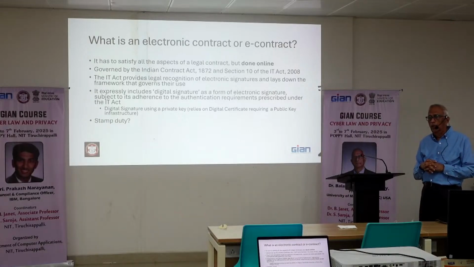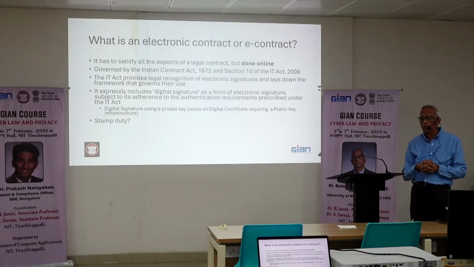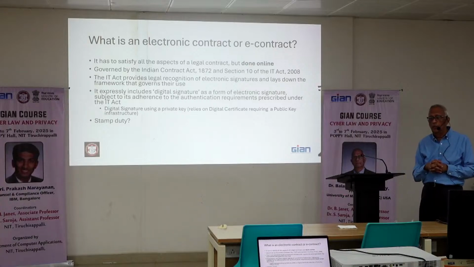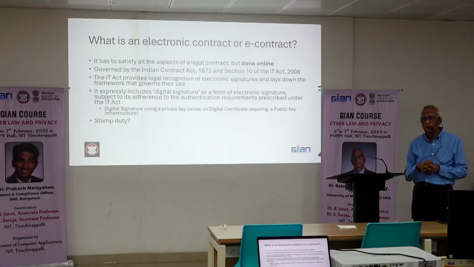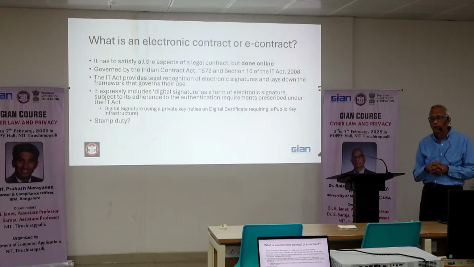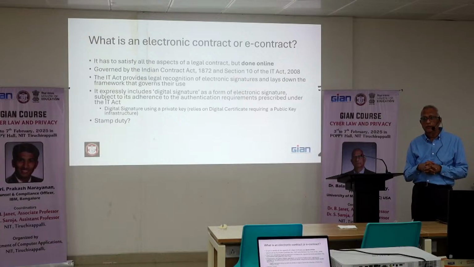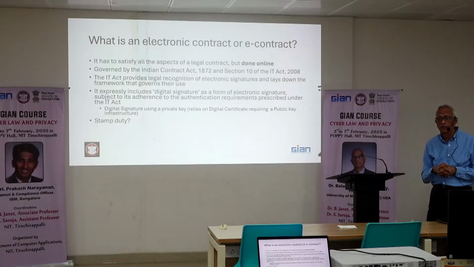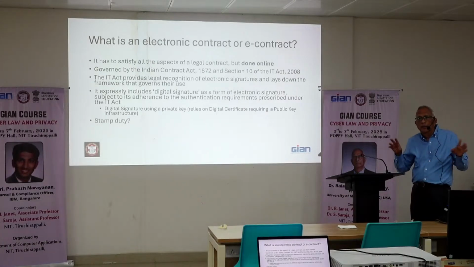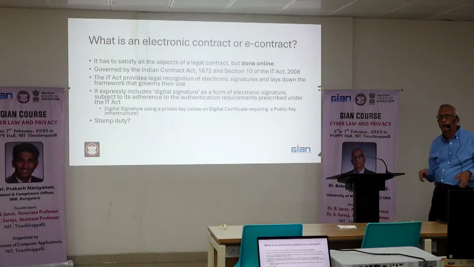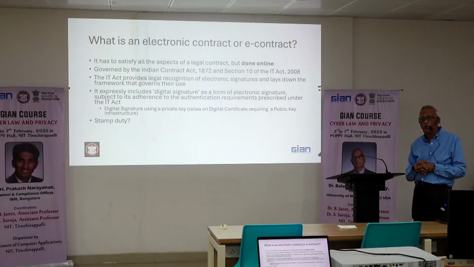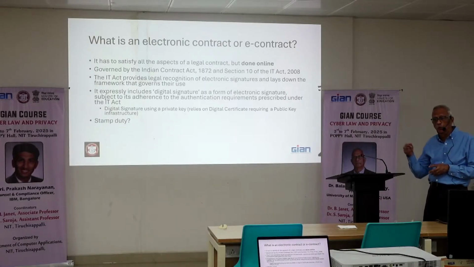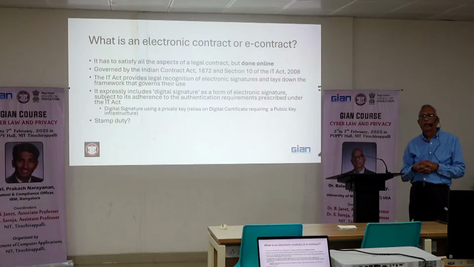And it is not clear whether an electronic e-agreement requires stamp duty. There are cases where they said you require stamp duty, especially Maharashtra, but it's still not very well resolved. When do you have to have a stamp duty? How do you pay the stamp duty when you do everything electronically?